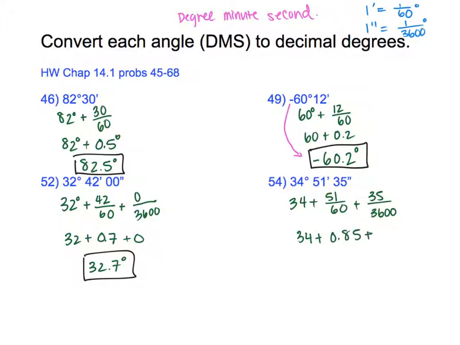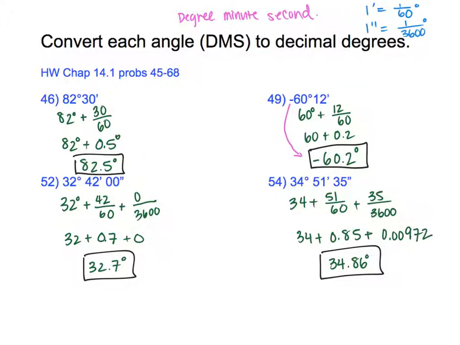If I divide 35 by 3,600, I'm going to try to put as many decimal places as I can and then round to 2 later. I believe it's going to be 0.00972 if I plug this in my calculator. I'll just put 5 decimal places here. And so if I add these together, I am going to get 34.86 degrees as my decimal degree.